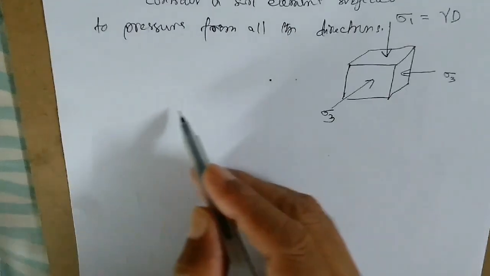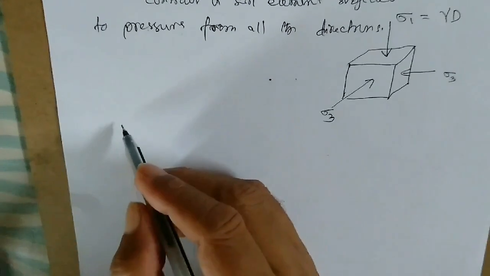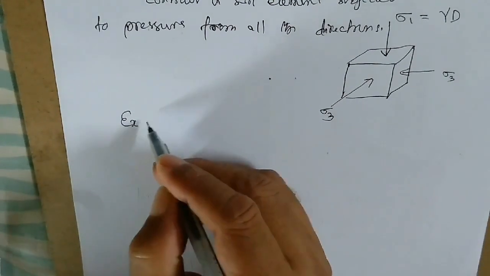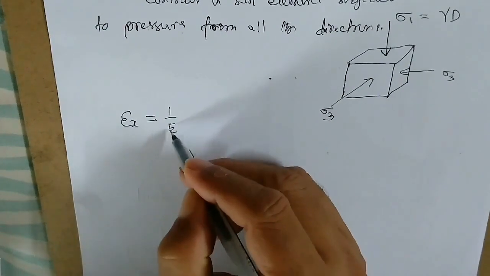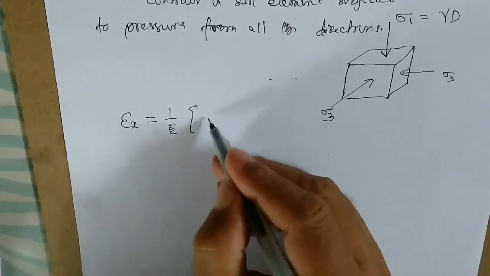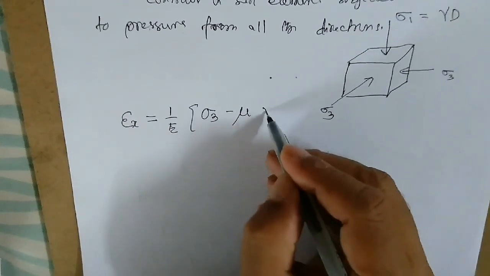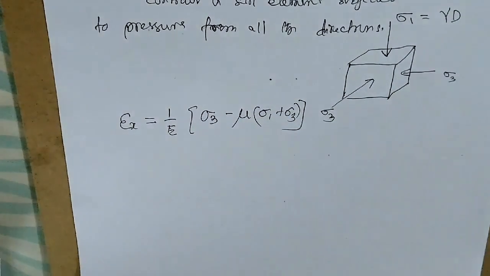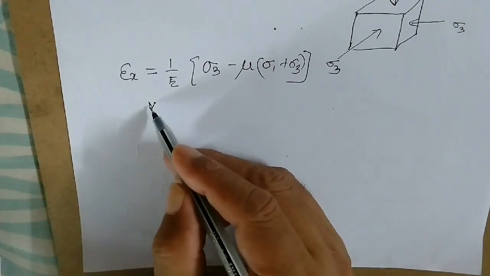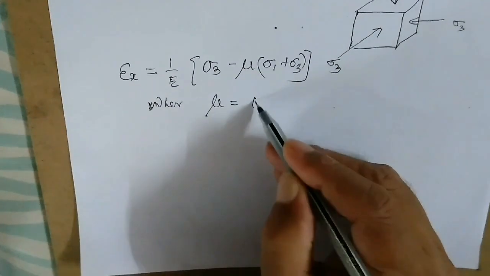The strain in any one direction, say x direction, will be epsilon x equals 1 by E times sigma 3 minus mu times sigma 1 plus sigma 3, where mu is the Poisson's ratio.